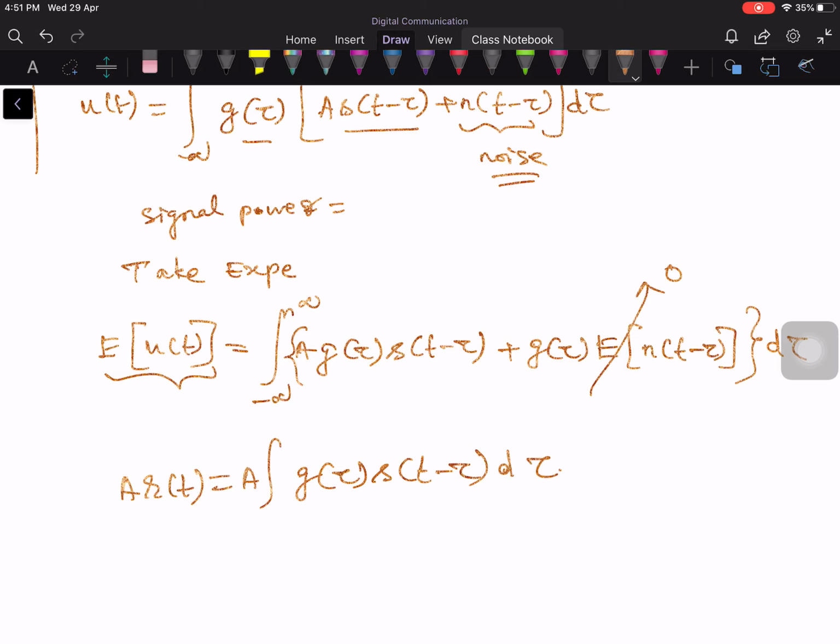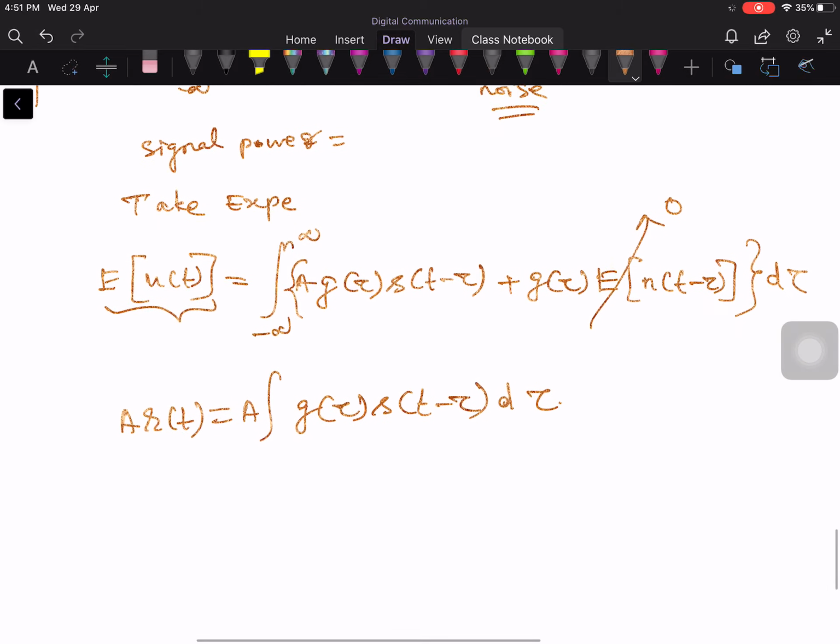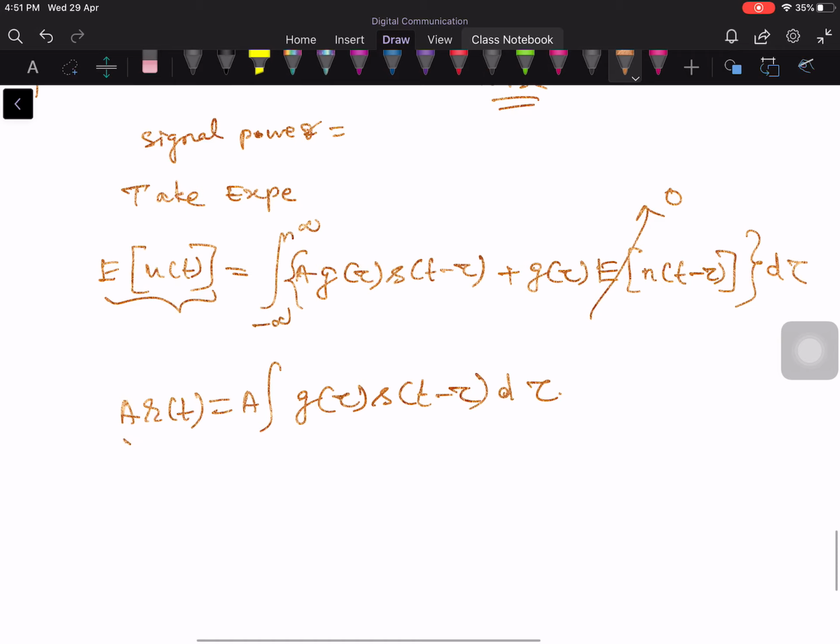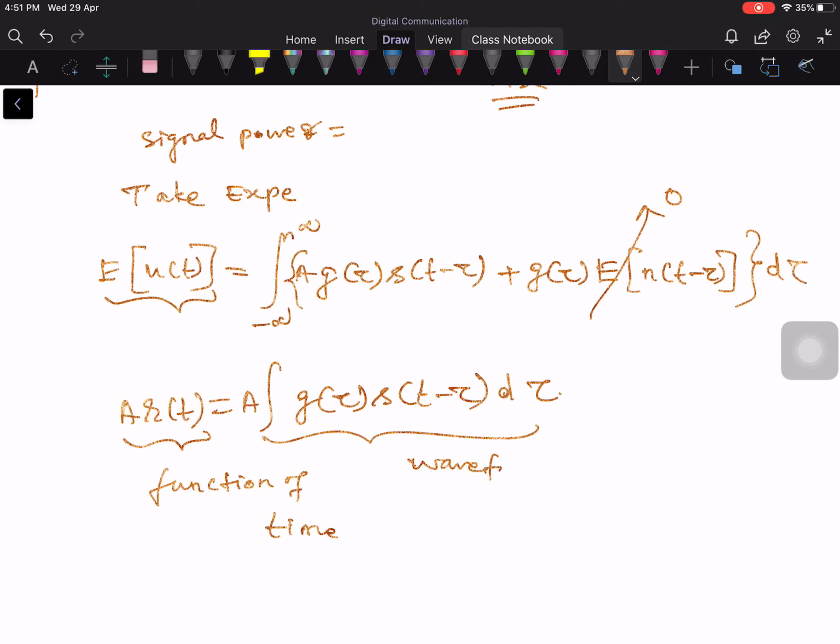Now, this is a function of time, it's a waveform actually. So therefore do the sampling.